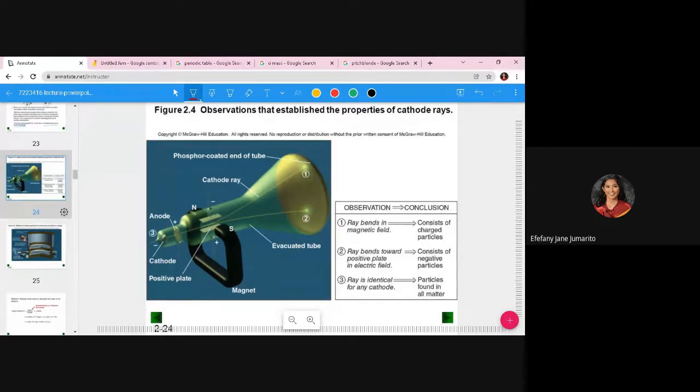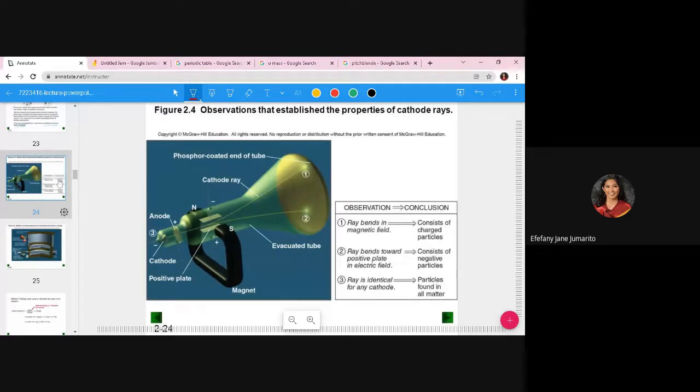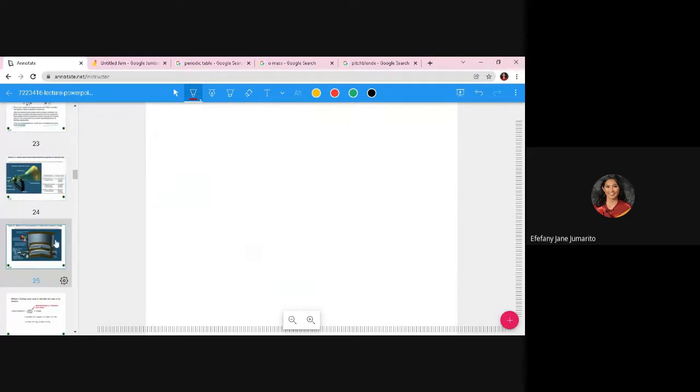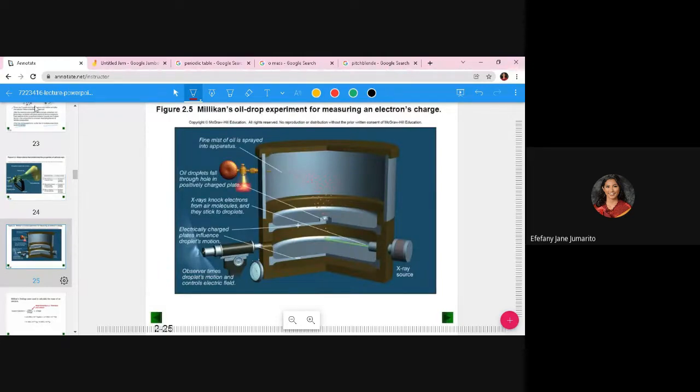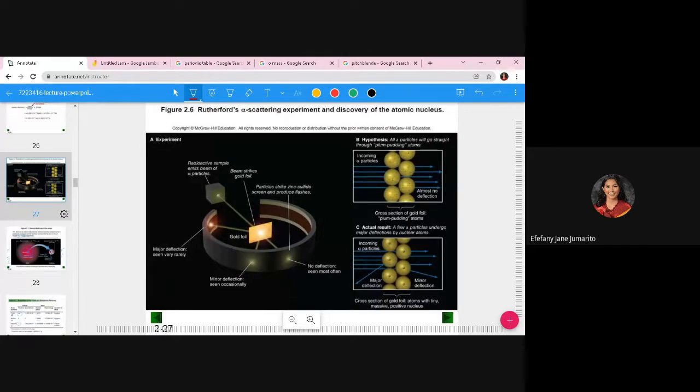Okay. So this one, I will give to you, for you to read. It would be nice to have group reporting. First group, cathode rays, Millikan. The third group is scattering, Rutherford. Okay, group yourselves into three.